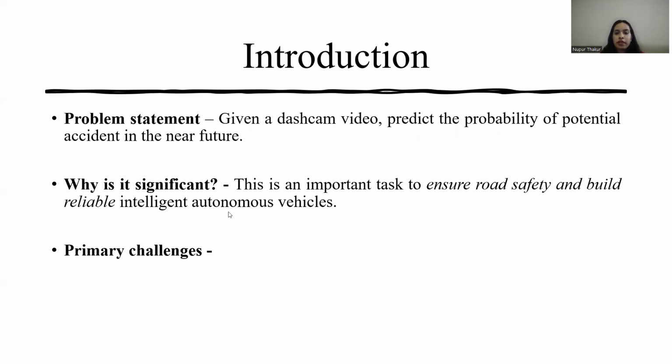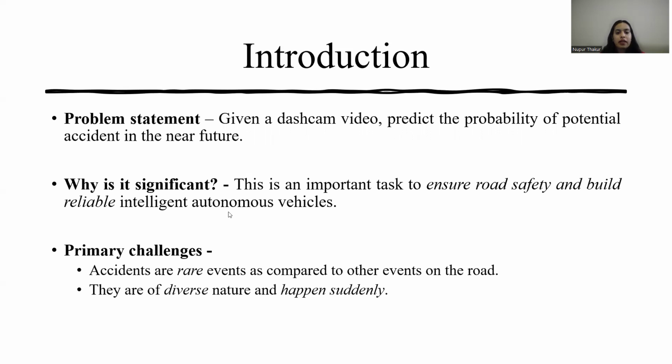However, this task is very challenging, and some of the challenges are listed here. First, as compared to other road events like lane changes, accidents are rare events. Second, accidents happen within very few seconds and they vary in nature. Therefore, they need to be predicted quickly to take actions to avoid them.